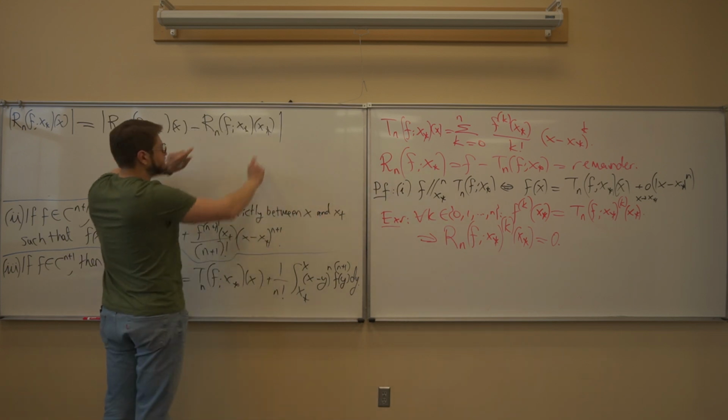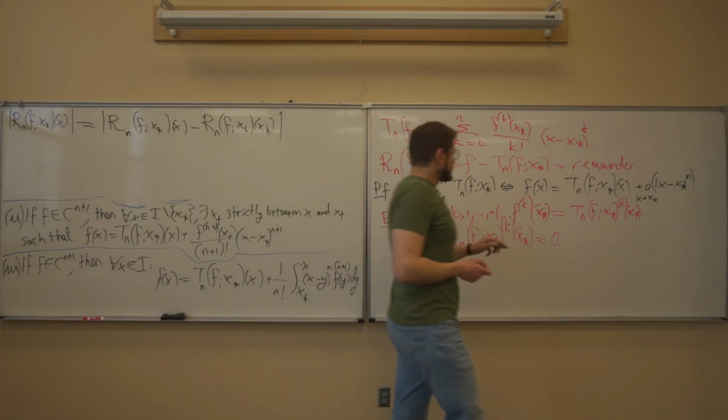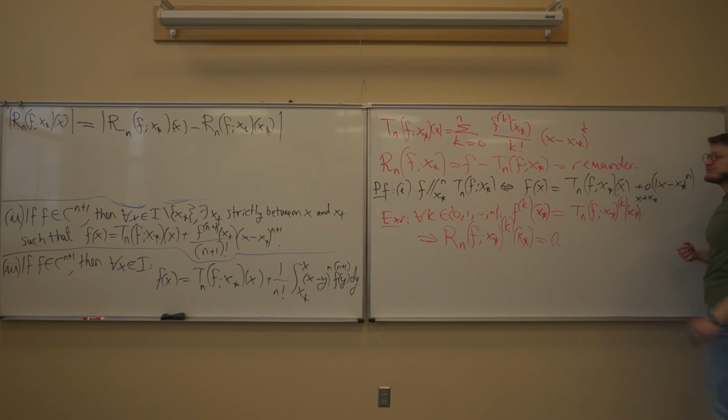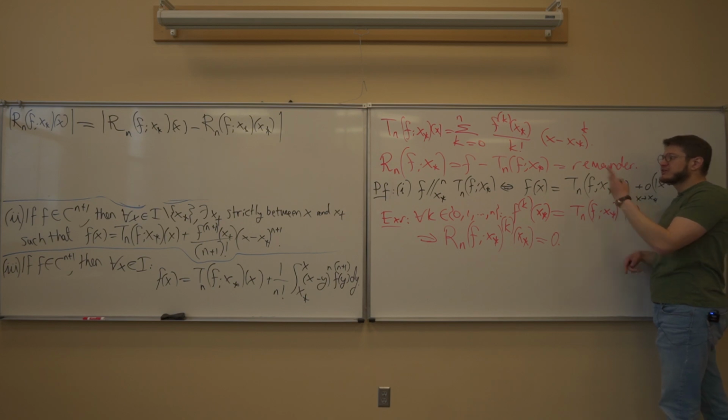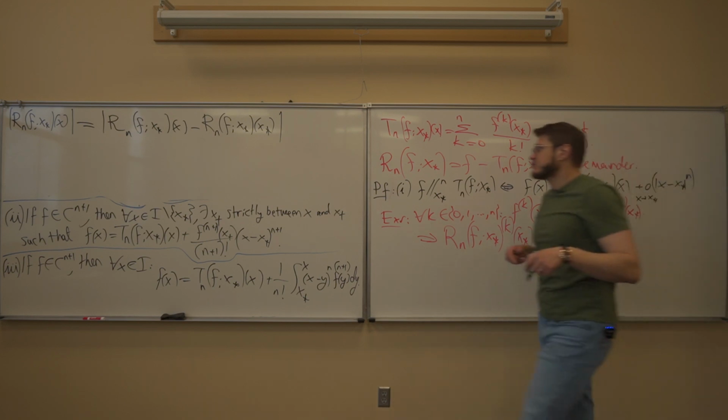This is 0. And of course, this statement really is for x not equal to x star. I know that when x is equal to x star, these are equal on the nose. So I need to choose x to be distinct from x star.